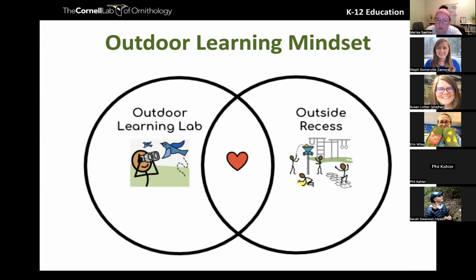So what I do with all my classes is I see the whole school every week. So I see library as a class. So that's the beautiful thing, is that I get to see everyone. And so the first conversation we have before we go outside is about this outdoor learning mindset.